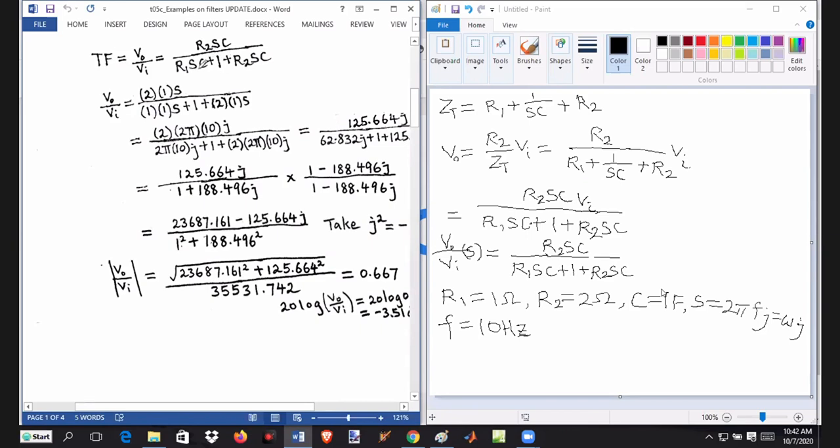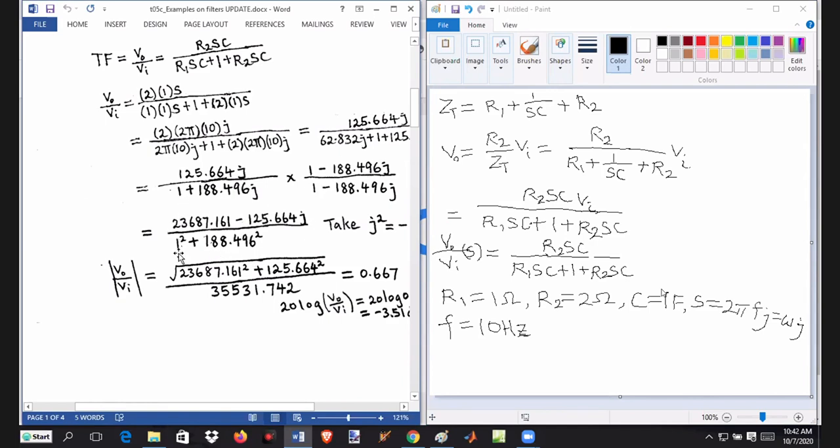R2 is 2. 1 is C, isn't it? Yes, C is 1 farad. So substitute, you got a J there. You got a J at the top and another J at the bottom, and you want to divide. So you take the conjugate of the bottom one, the conjugate of 1 plus 188.496J is 1 minus 188.496J.